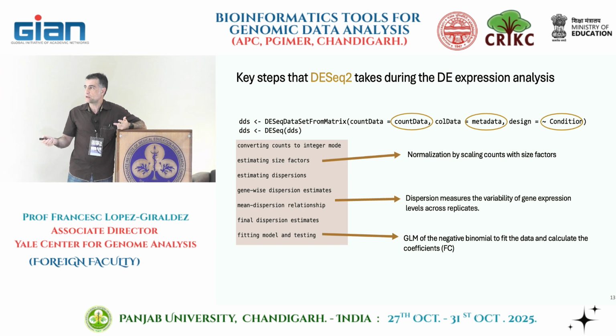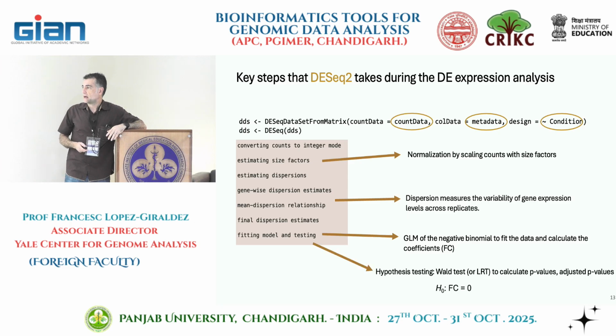Or if I say coefficient sometimes, I mean fold changes too. They are interchangeable. That would be our slope in our regression, which in this case is going to be our fold change. And then, of course, it's going to estimate our p-value. Basically, it's going to test our null hypothesis about our gene being differentially expressed or not: is the fold change different from 0 or not?